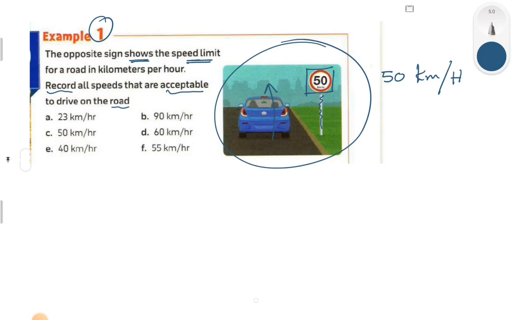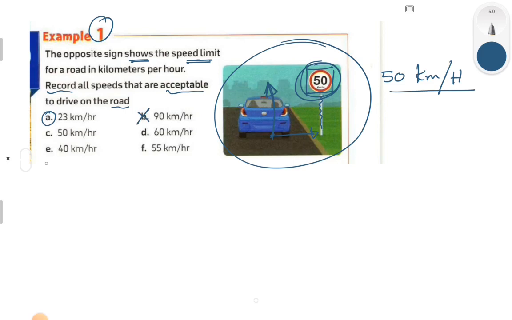If I have a car and moving this way, and I see this sign here, 50 kilometer per hour, then can I drive my car at a speed of 23? Yes or no? Yes, because this is the maximum speed, so I can drive 23. 90, no, because 90 is greater than 50.